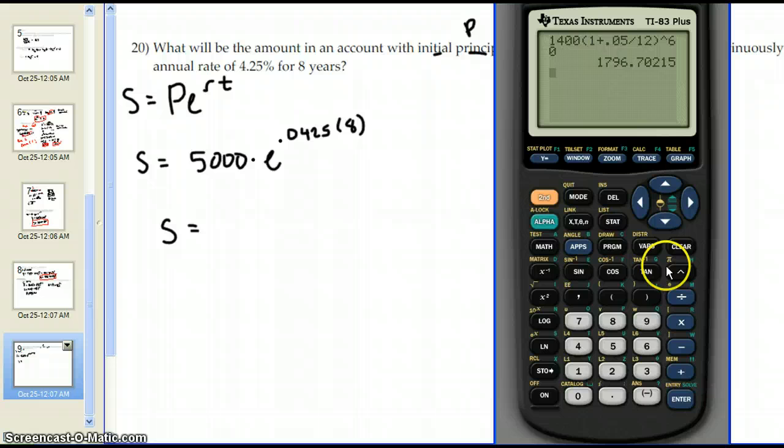So 5,000, clear it, 5,000. There's the E button above LN. So second LN, and then just type exactly what you see here, 0.0425, times 8. So I get $7,024.74 to 2 decimal places.